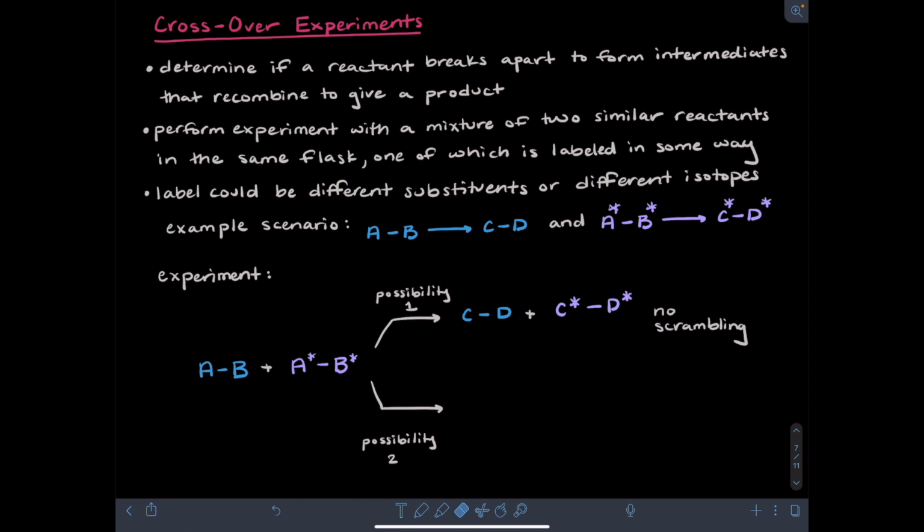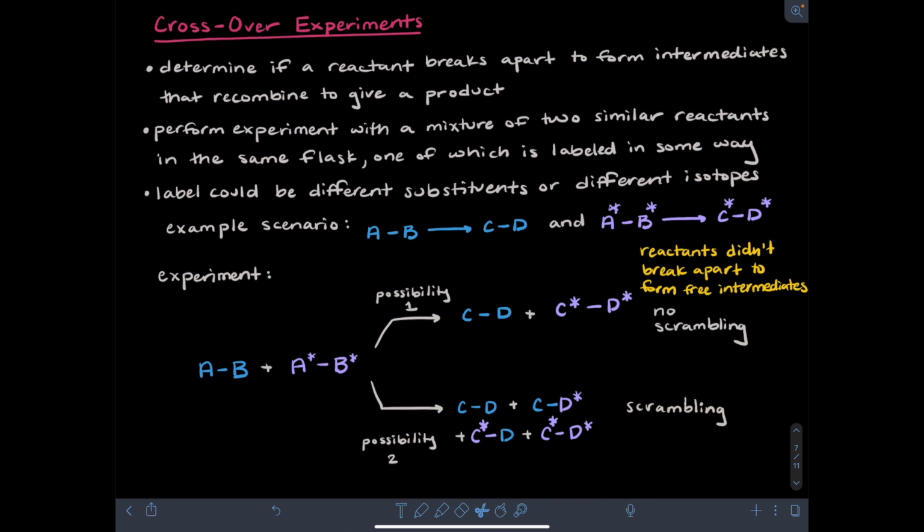One possibility is that you only get CD and C star D star. We would call this a case where there is no scrambling. This result suggests that the reactants did not break apart to form free intermediates.